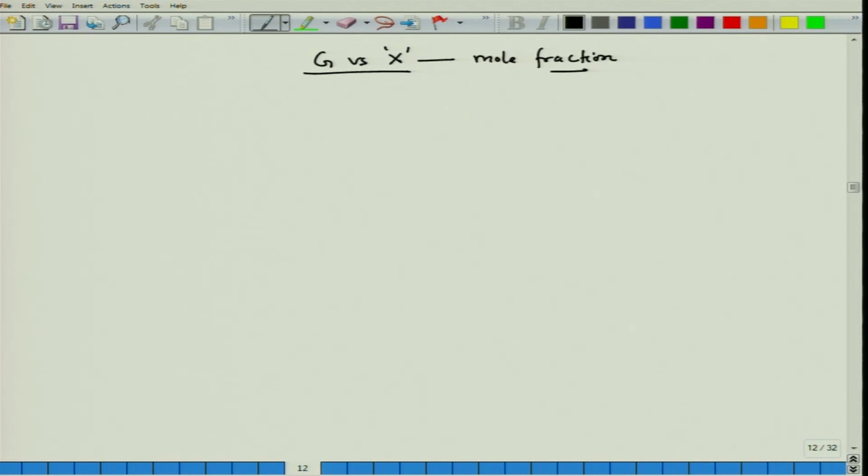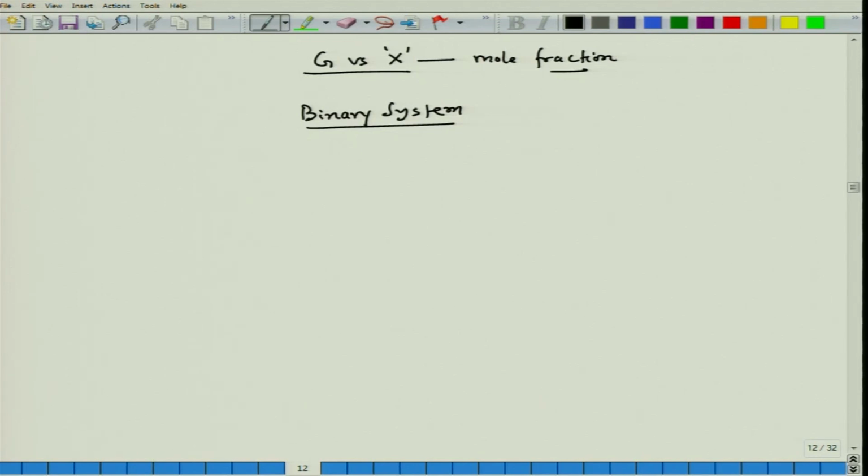And whenever we get to the mole fraction, now we are considering the binary system, because if we go to the ternary system, things will get complex.